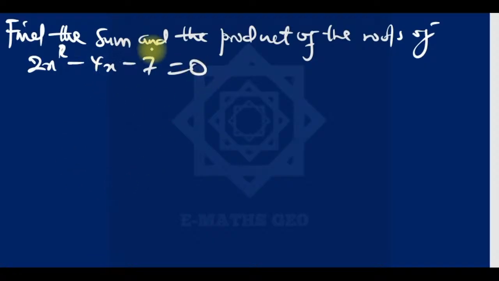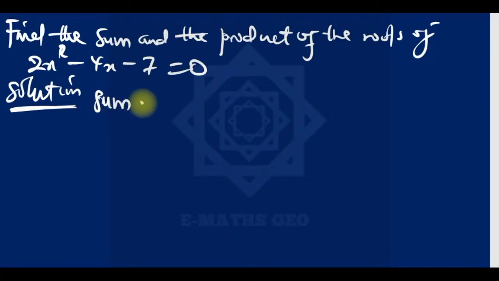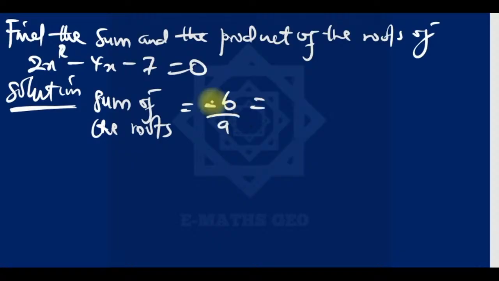So without wasting time, we say that the sum of the roots is always minus b over a, which is minus the coefficient of x, which is minus minus 4 over a, which is 2. So our answer is 2.